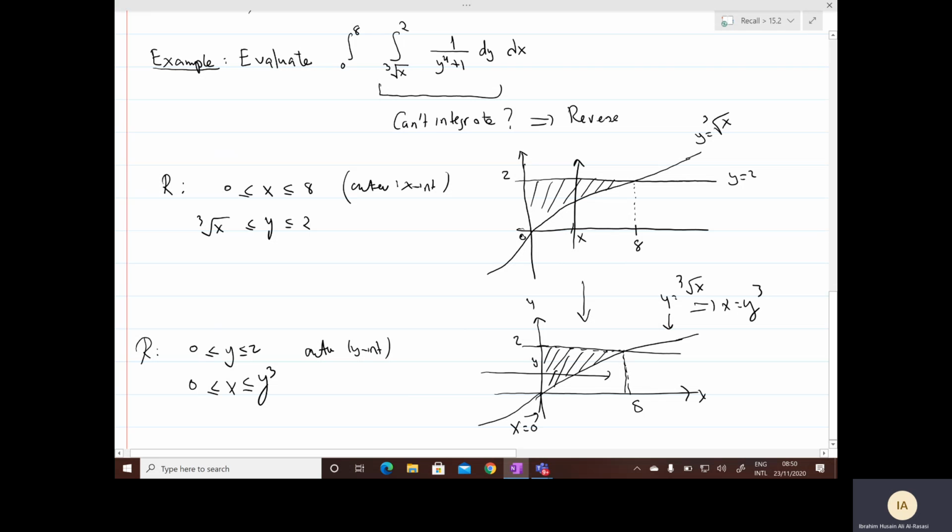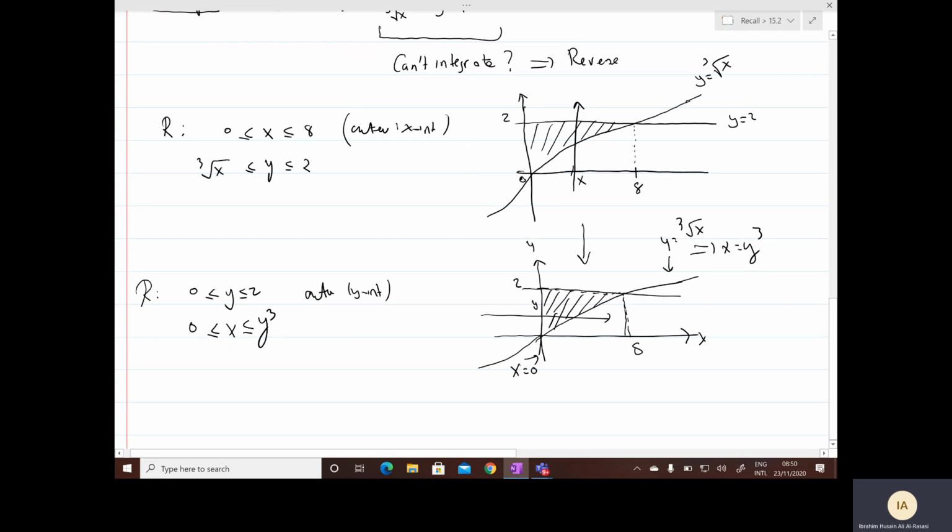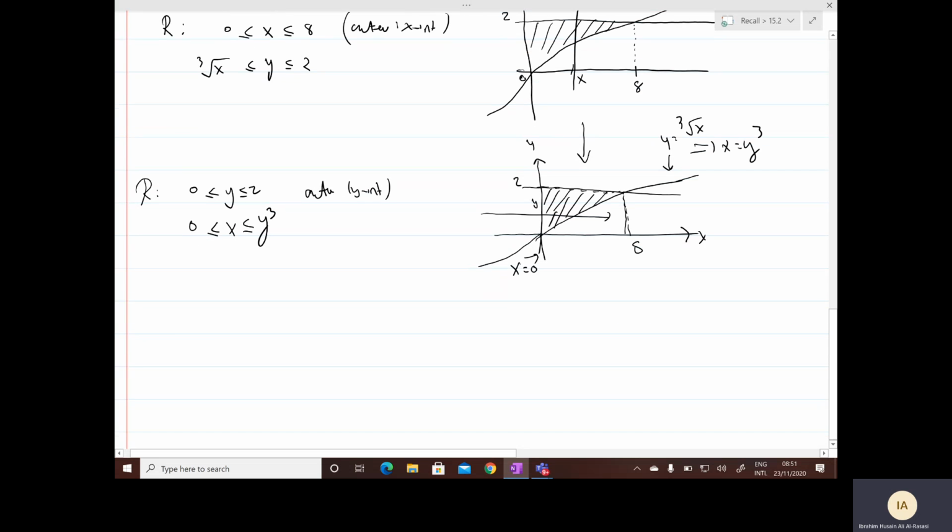So you describe it so that the outer interval is a y interval. Now the double integral from 0 to 8, cube root of x to 2, of 1 over y to the power 4 plus 1, dy dx. This is the original.